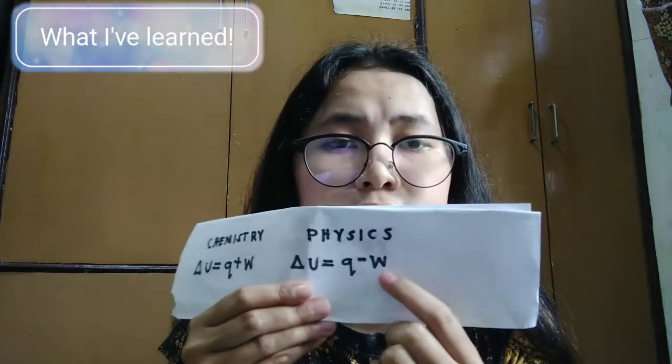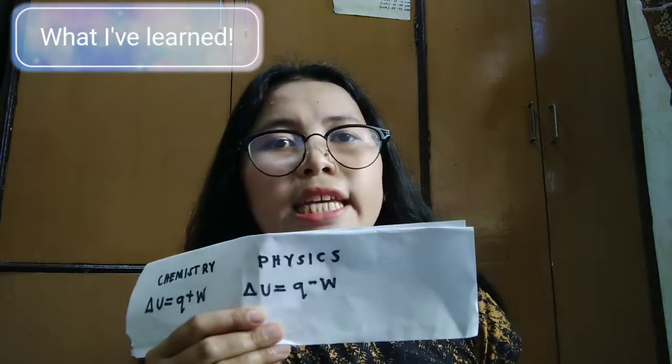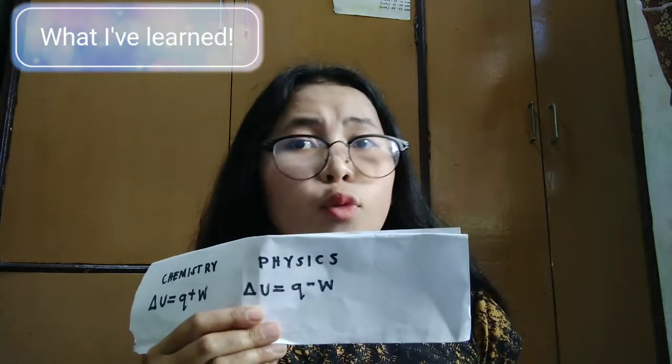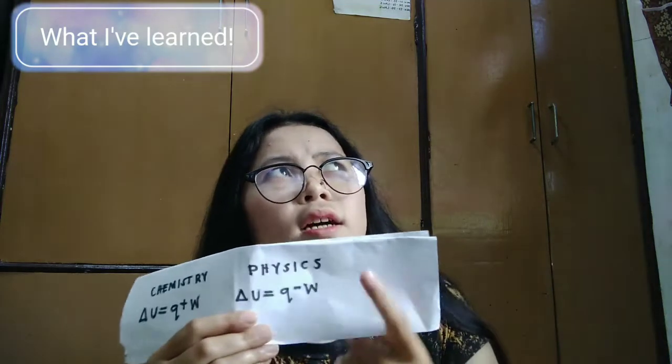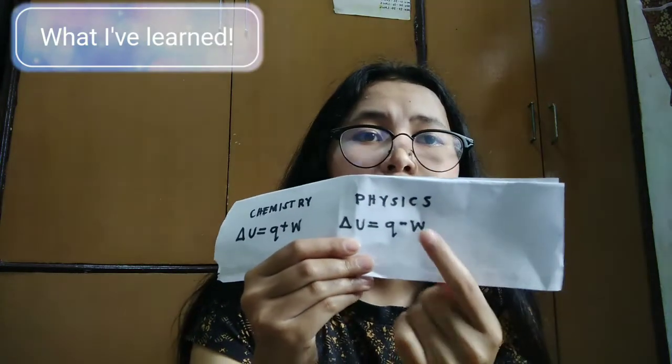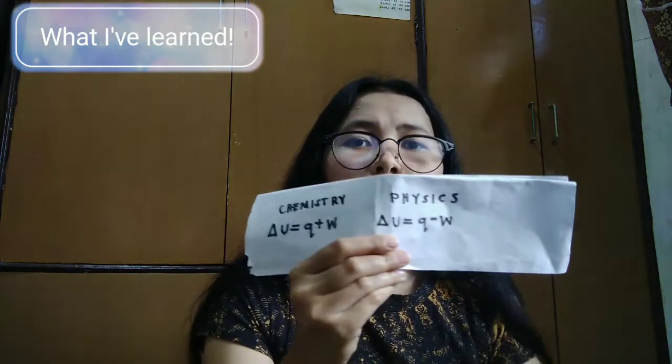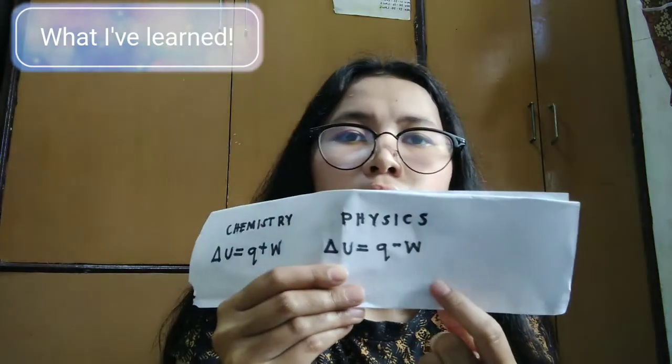While in physics, it's different. We take the surroundings' point of view. So when W is negative, work is done on the system, while when W is positive, work is done by the system.